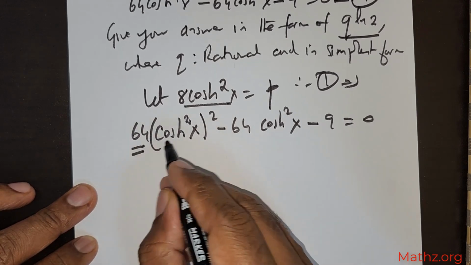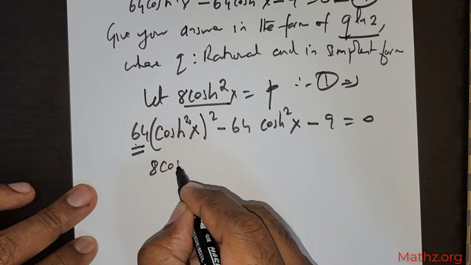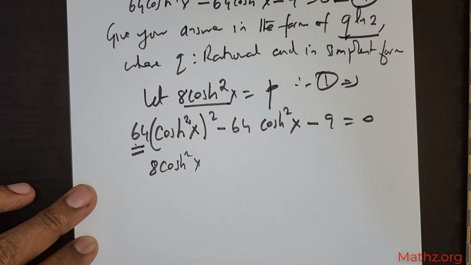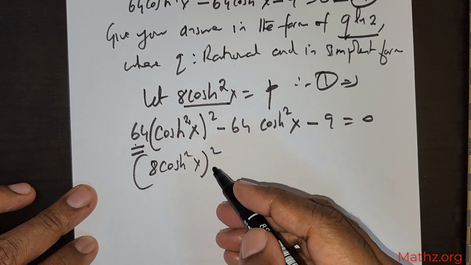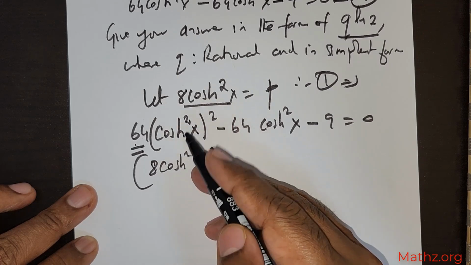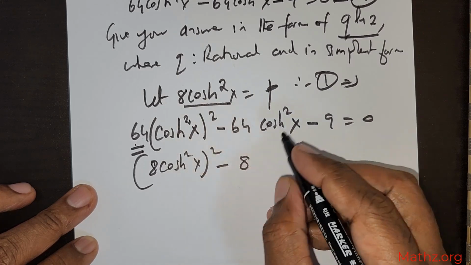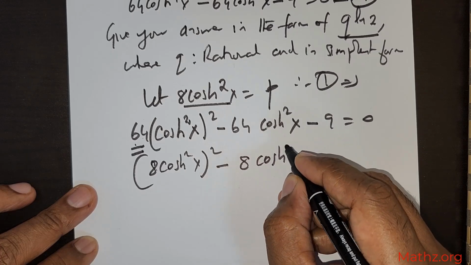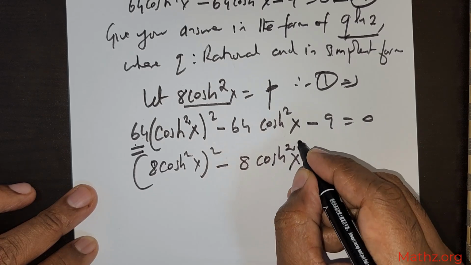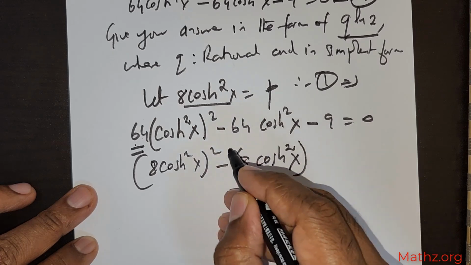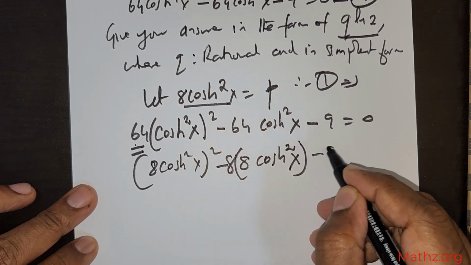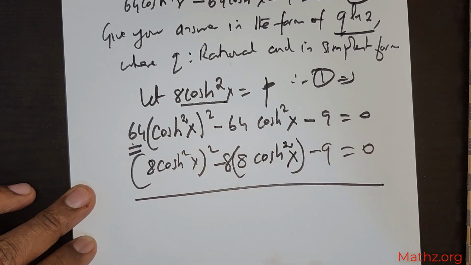So this can be rewritten as 8 times cos squared x, raised to the power of 2. Fair enough. When you square 8 you get 64, and this one will give us to the power of 4. Similarly, 8 times cos squared x, so I need to place the 8 here, negative 9 is equal to 0.